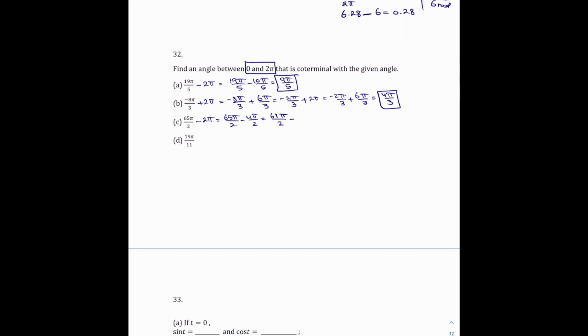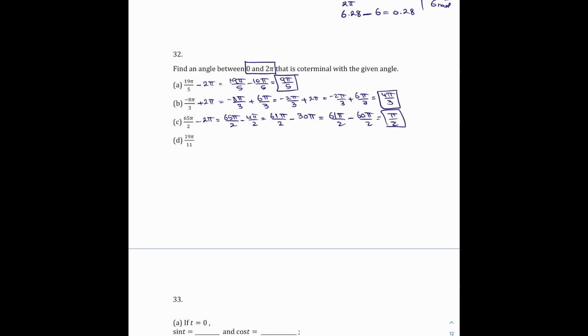So I'm going to multiply 2 pi by 15, and I get 30 pi, which is a multiple of 2 pi. And then 61 pi over 2 minus 30 times 2, which is 60 pi over 2, will give me pi over 2. So that is a coterminal angle.